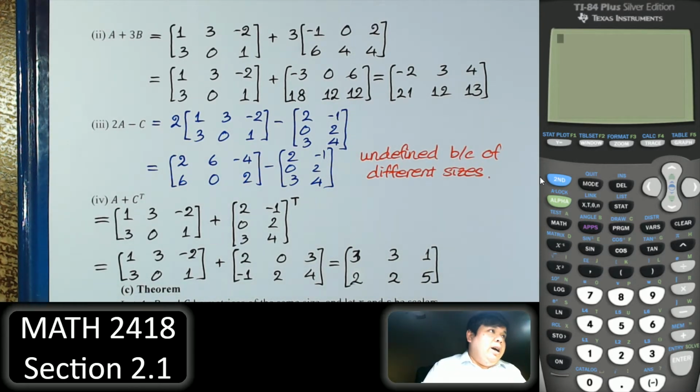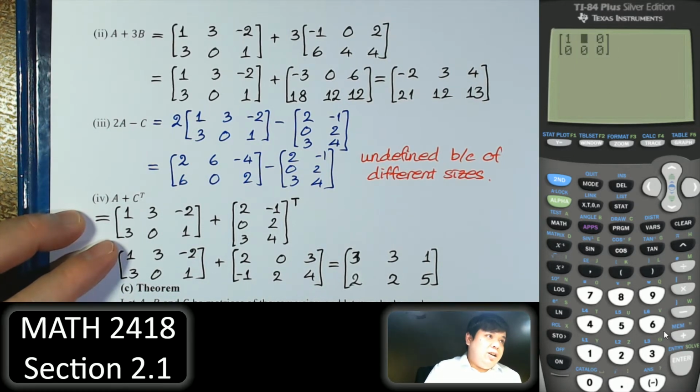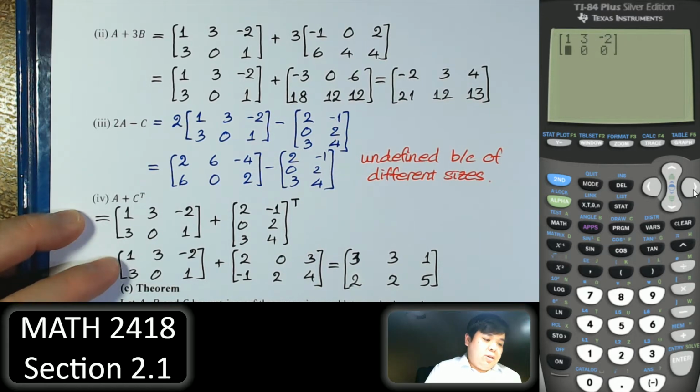Just enter it in the calculator so I can show you where the transpose is. Enter 1, 3, -2, 3, 0, and 1.